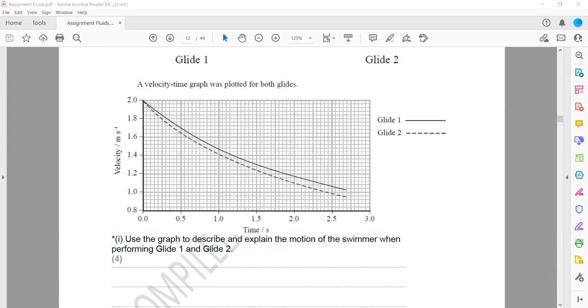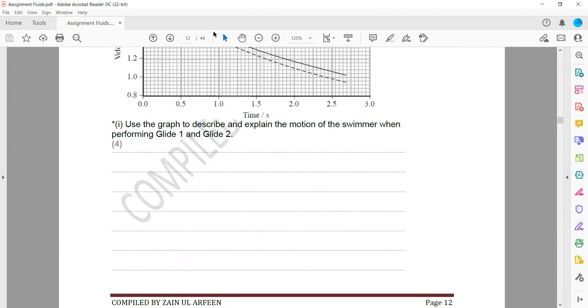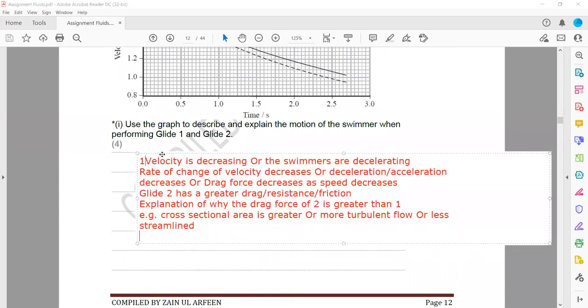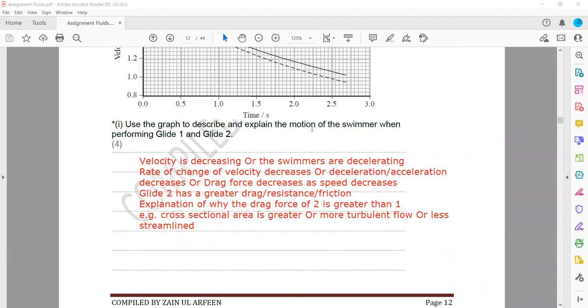So first thing, for both of the swimmers, the velocity is decreasing, or they are decelerating.